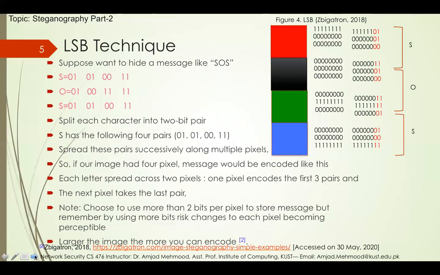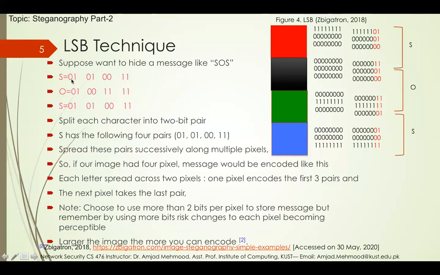So I'll explain this with the help of an example. Suppose you want to send the message SOS to the recipient, and each character is represented with its binary representation. Each character in ASCII is represented in 8 bits, as you know.